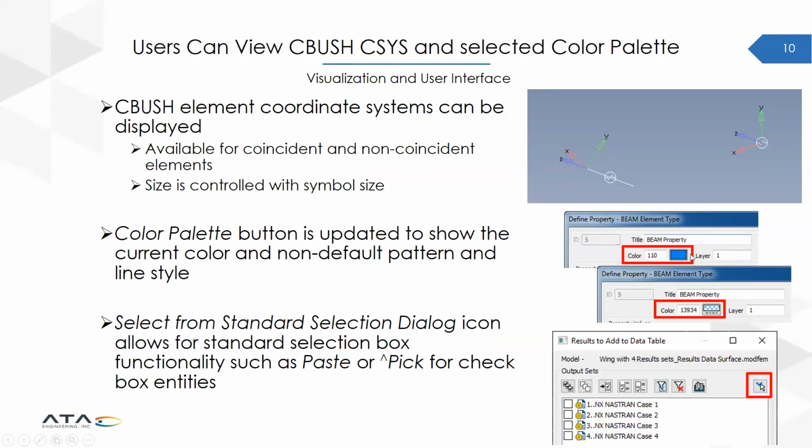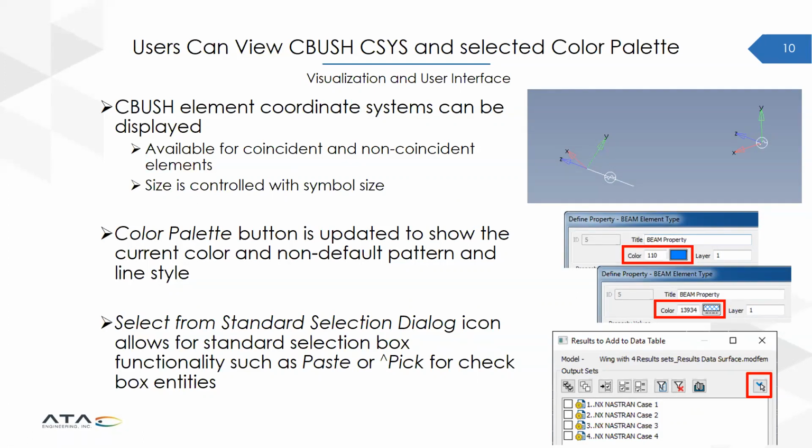But before, we just had a button that had the word palette inside, which you could click on and select your color, but you didn't really know until you clicked on the palette button what the actual color was set to. So they've updated it now so that instead of just saying palette, you see the color here. If you have any different patterns or line styles, that'll also show up in that dialog box. Just one less step that you need to check what the current settings are.